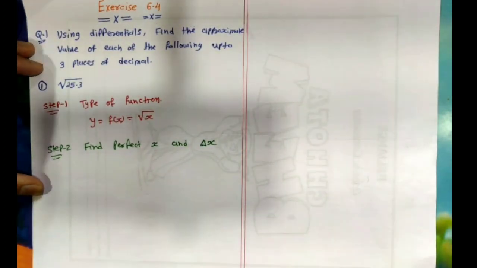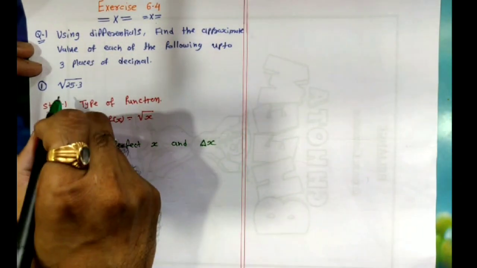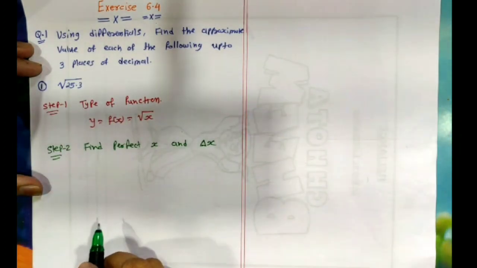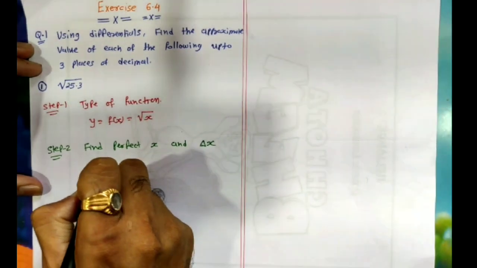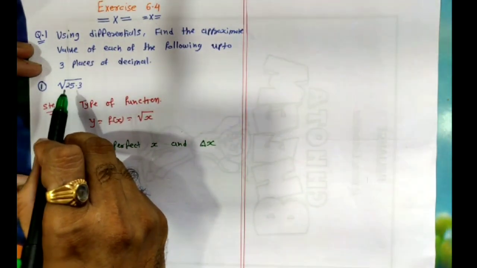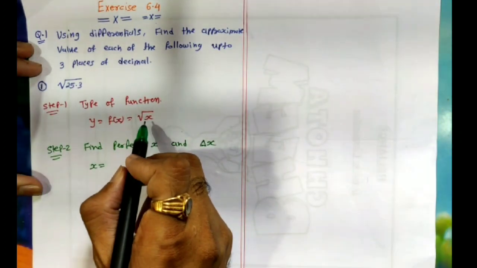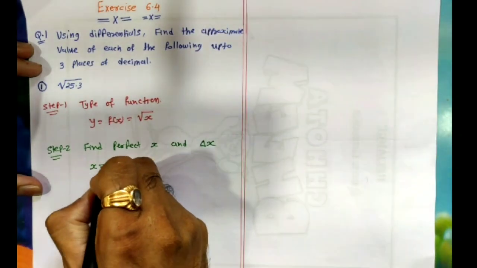For this square root type of function, the value is 25.3. Our perfect x is the number whose square root can be easily found and which is nearer to 25.3. The number which is a perfect square and whose square root can be easily found is 25.